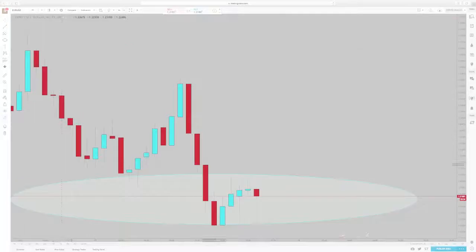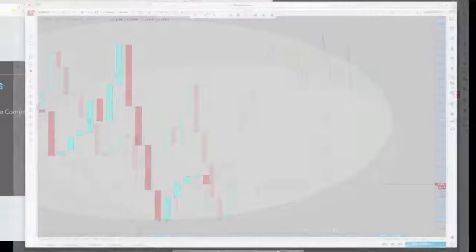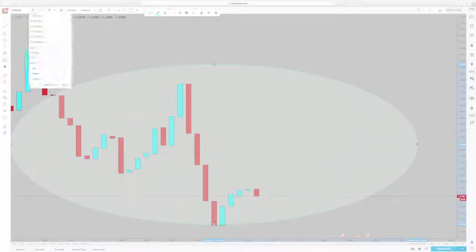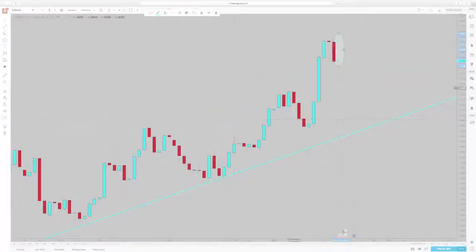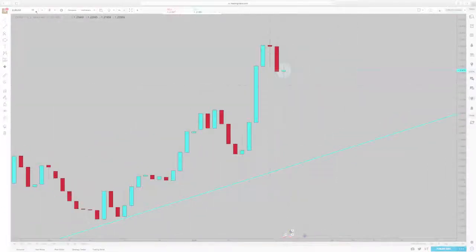If I go down to 1 hour, all this now is equal to 1 day. So that's a perfect example of a candlestick in the time frame. That was just 1 day in a candlestick. So let me actually zoom out for you.